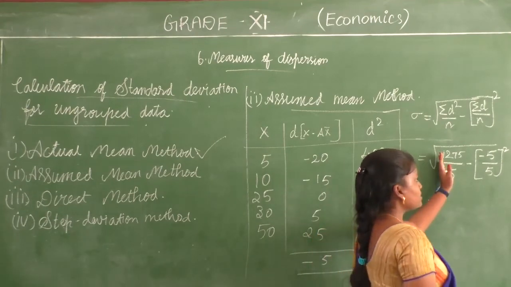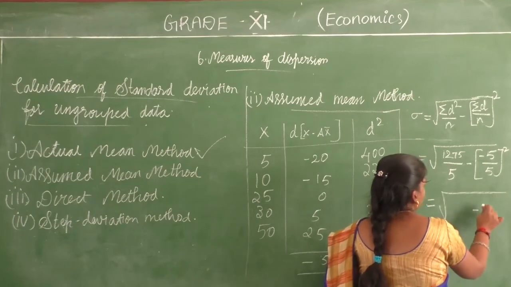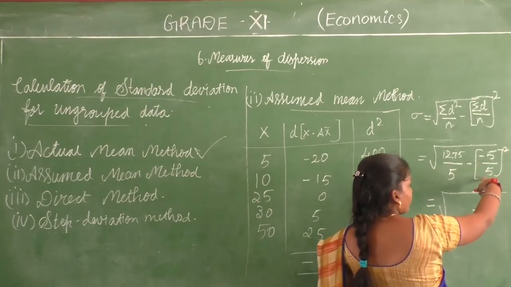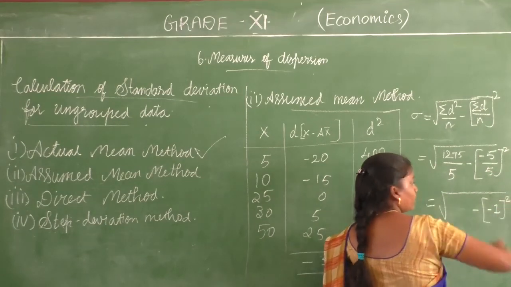When you divide this, you will get a value. And here minus 5 by 5, you get minus 1, the whole square.